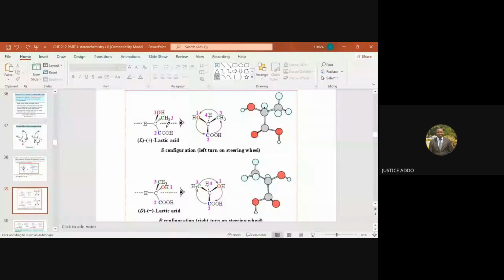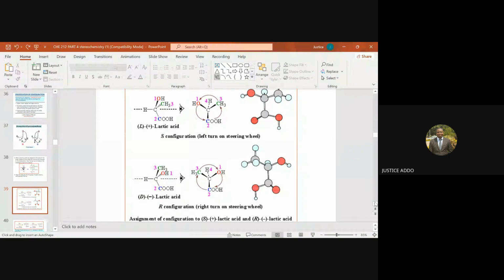So what we do is you flip, like a steering wheel, so that the least group goes into hiding, and the other groups stay in the plane, so that when you move from 1, you go to 2 and you go to 3, and that is anti-clockwise, S. So that is what is given here, and you can see more examples.